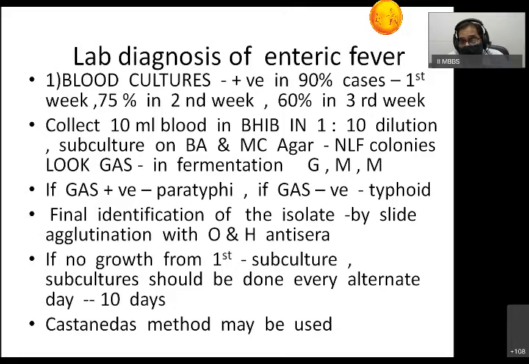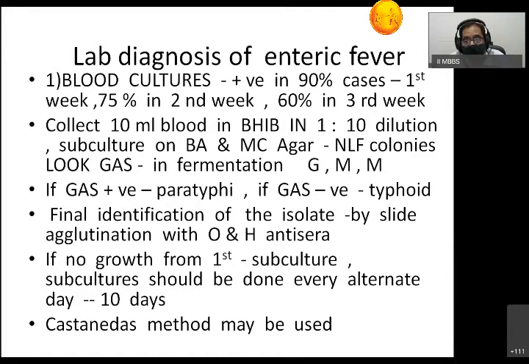That means 1:10 dilution is to be maintained. And once you do this, you are going to subculture this BHIB collected blood later on, of course, after incubation, on blood agar and MacConkey. On blood agar and MacConkey, the colonies will grow. On MacConkey agar, you will get non-lactose fermenting colonies.